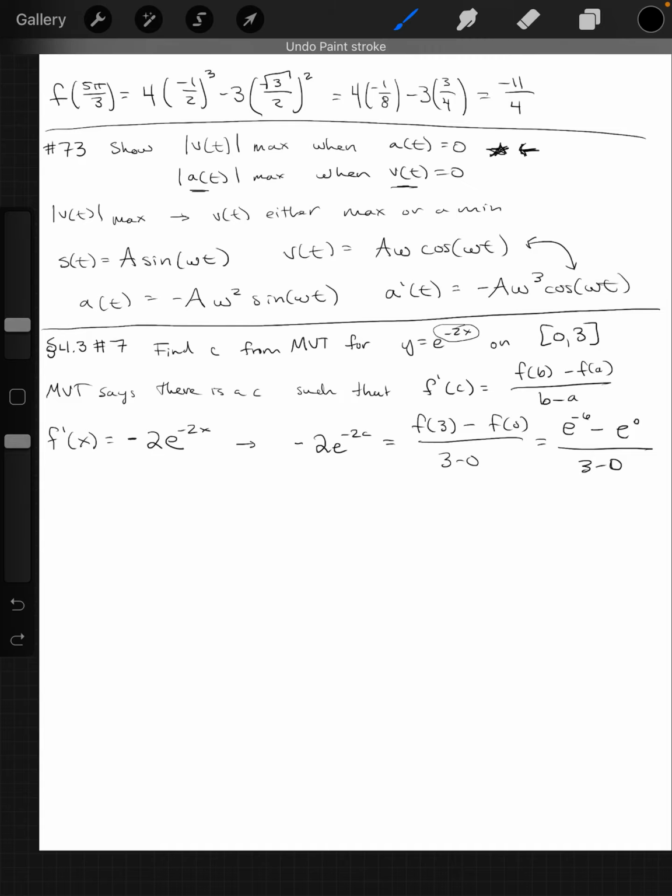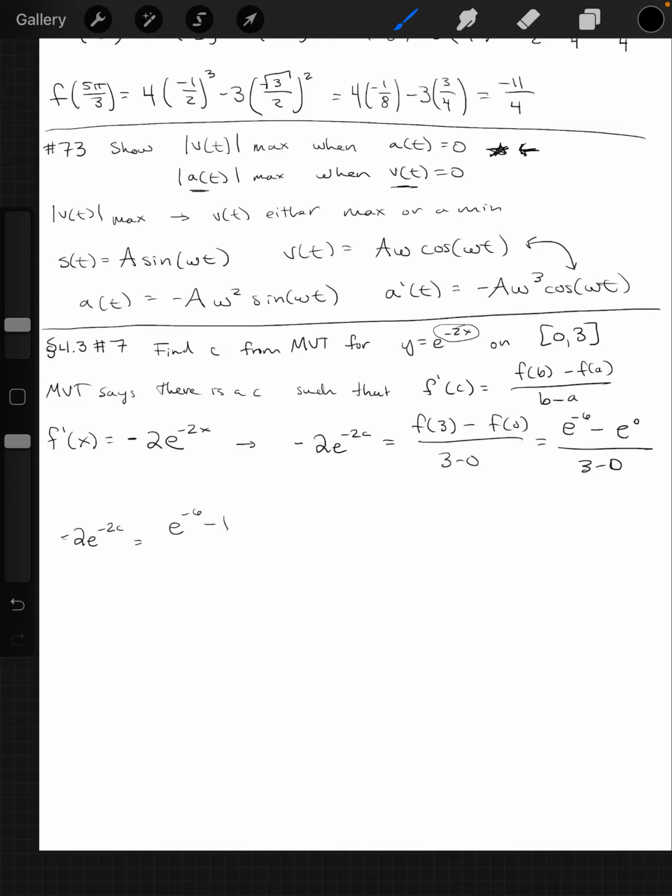So we have negative 2e to the negative 2c equals e to the negative 6 minus 1 over 3. I'm going to go ahead and multiply that 3 over. Get negative 6e to the negative 2c equals e to the negative 6 minus 1. Divide both sides by negative 6.